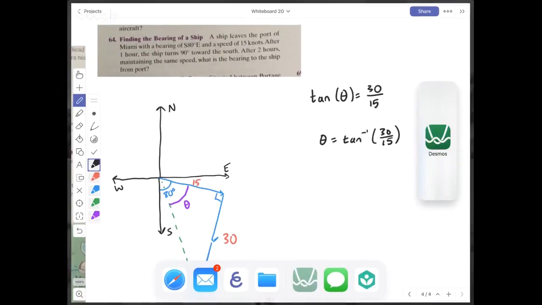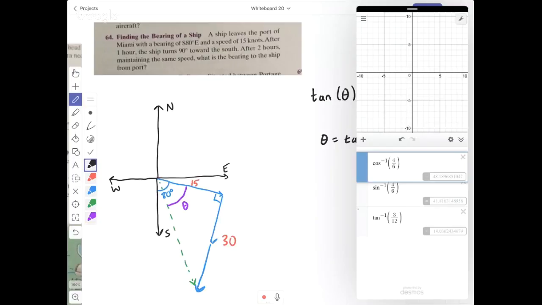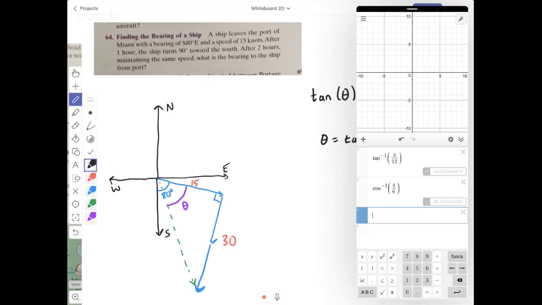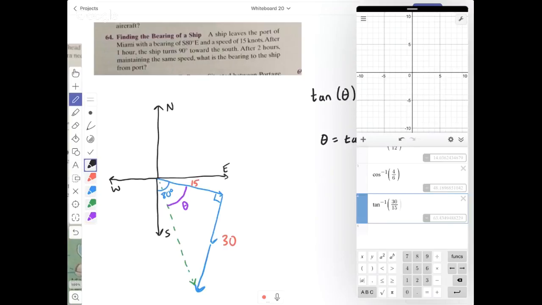That's why our calculator can tell us what the arctangent of 30 over 15 is.